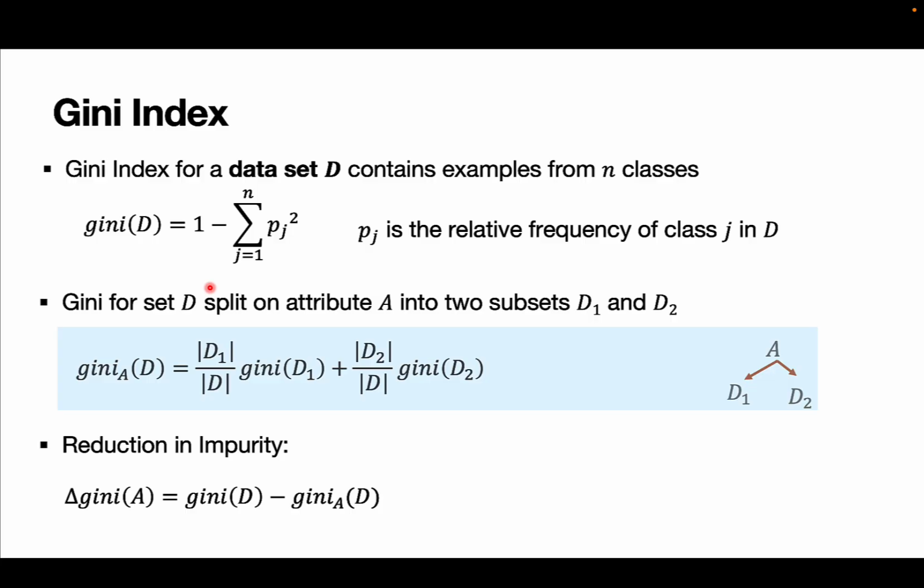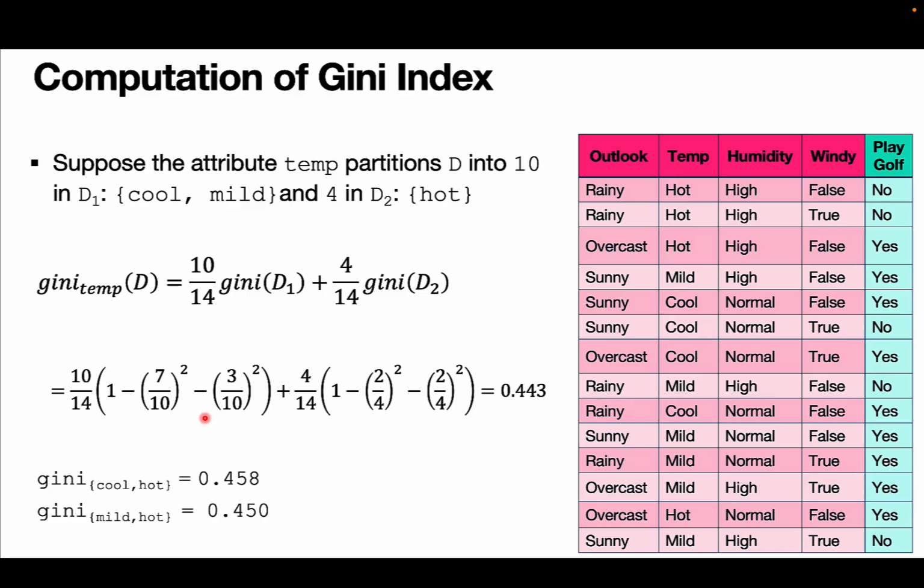In the following step, we are going to split the dataset based on attribute A, then compute the weighted Gini Index after the split. But notice in Gini Index, the splits are binary. So we are going to find the weight of the first split, then the weight of the second split, and sum them together. In this example, we split the dataset based on the temperature attribute, which takes the values of cool, mild, and hot.